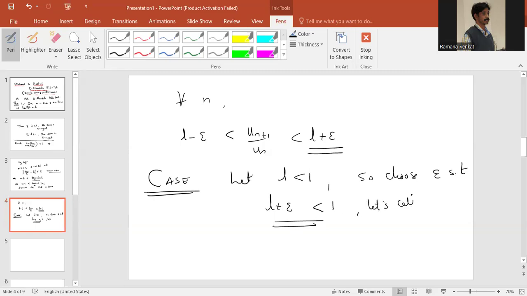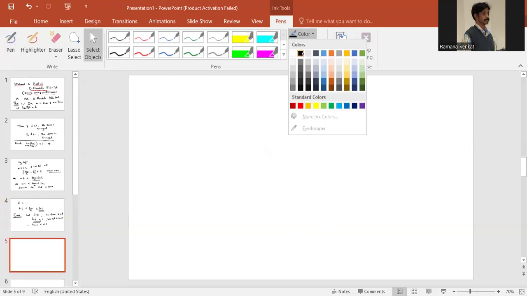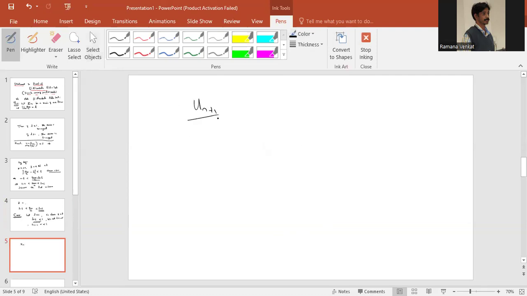Let's call L plus epsilon equal to R. So R is less than 1. Now with this setup, the ratio un plus 1 by un is less than R for all n, because I've rejected the first m terms, so without loss of generality, for all n this is true.